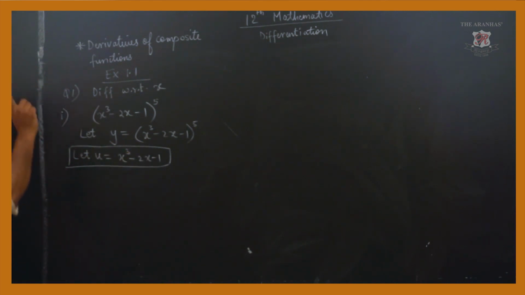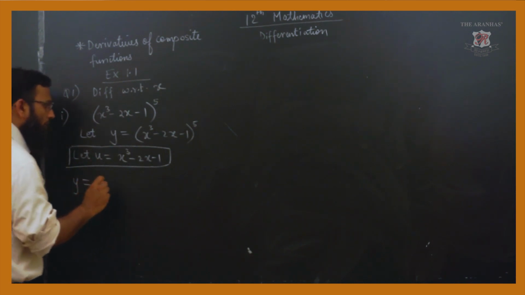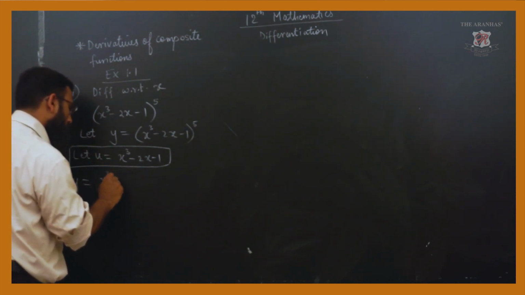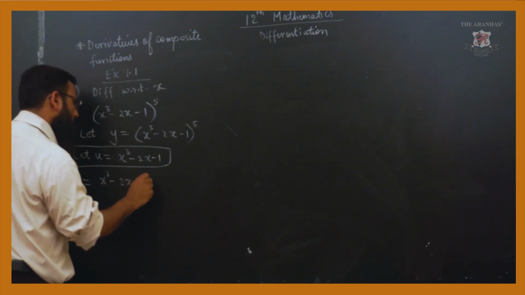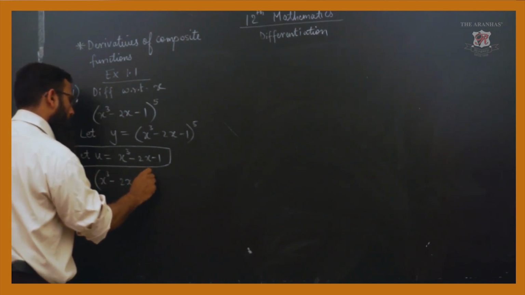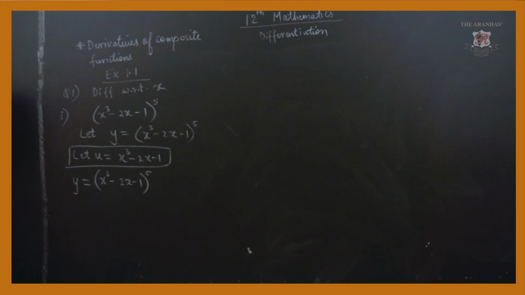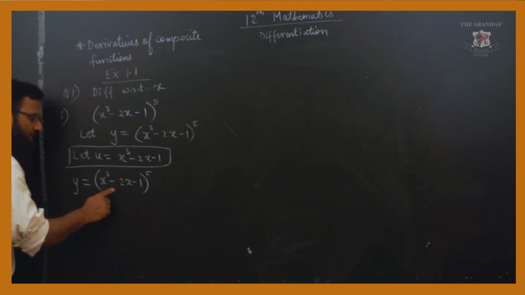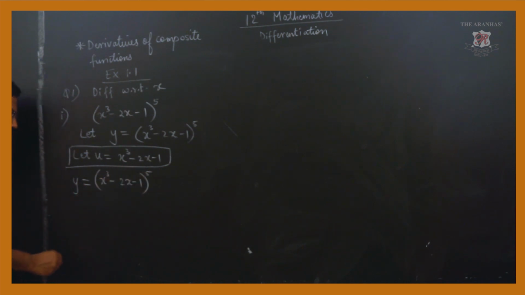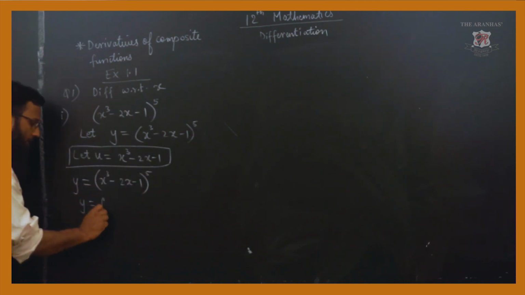Now, if I want to do it directly, y is equal to (x cube minus 2x minus 1) raised to 5. This I will treat as f(x) raised to n.